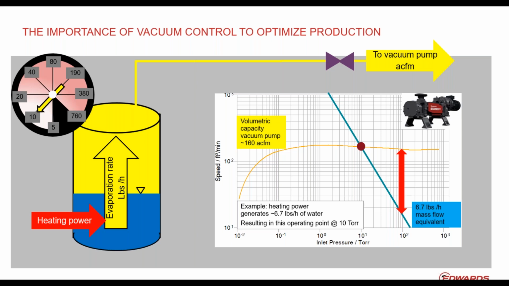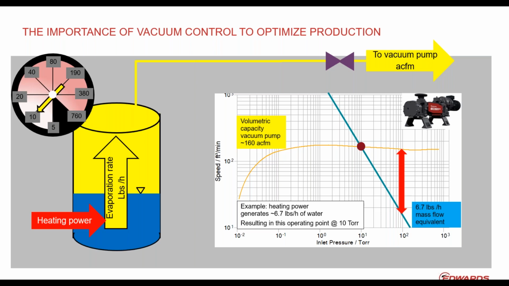You can see what's happening: the evaporation rate mass flow at 100 torr, looking at the vapor state, pressure times volume is constant, is 1/10 of what the vacuum pump supplies at that point. This is where the red arrow goes between the mass flow line and the volumetric line. The mass flow line down there shows what you actually need in volumetric capacity to match the mass flow coming off the reactor. And the top line is what the vacuum pump provides.